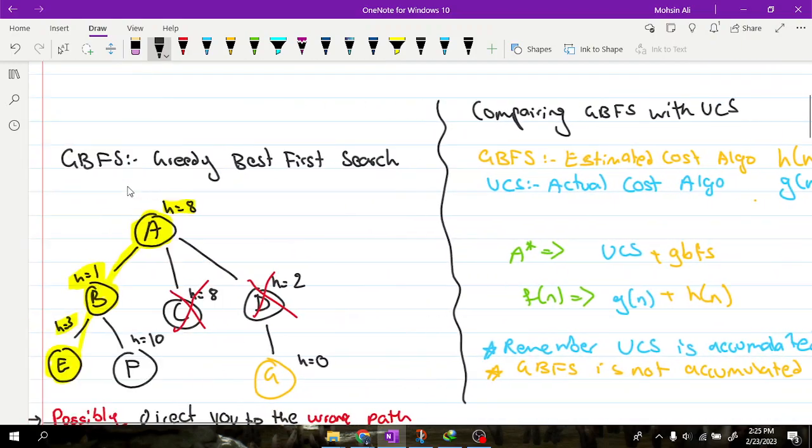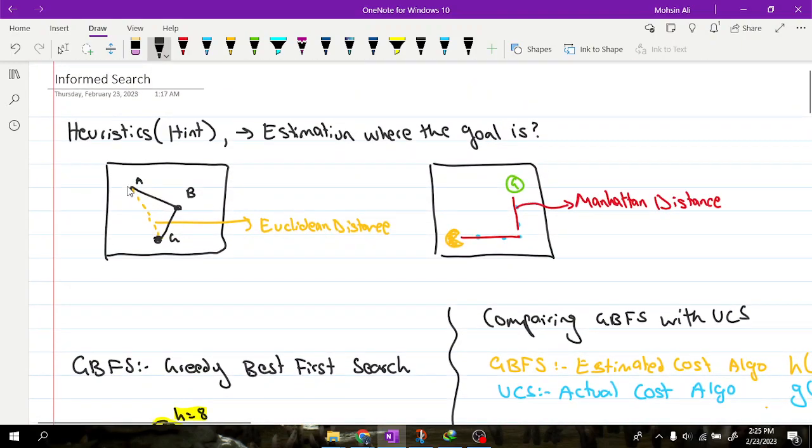Now, I have two examples. The first example is, let's assume that there are different cities, for example, city A, city B, city G, and then there is an example of a Pac-Man. But let's take a look at the cities first. So in this example, there are different cities and their heuristic or estimation.